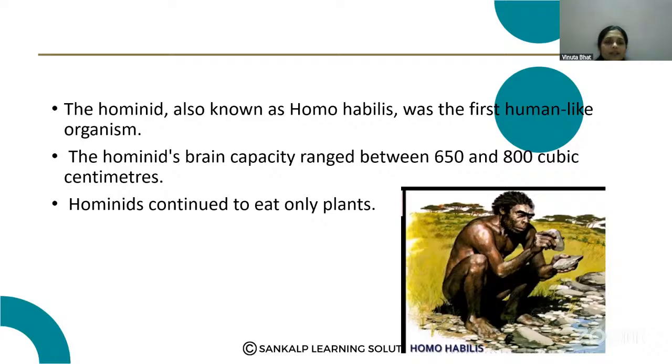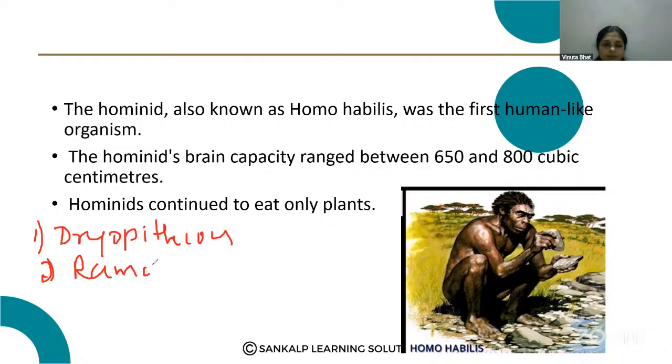The hominid, also known as Homo habilis. So if you write the series, the first one, Dryopithecus, second one, Ramapithecus, then Australopithecines, the third one, then the fourth one, Homo habilis.